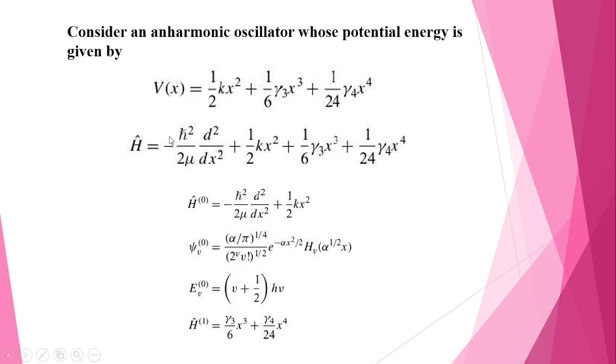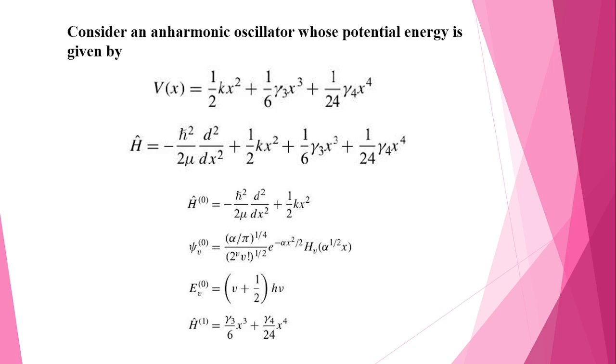Now if you solve it for the harmonic potential energy, you will have the ground state energy given by the harmonic oscillator, and you end up with this value.